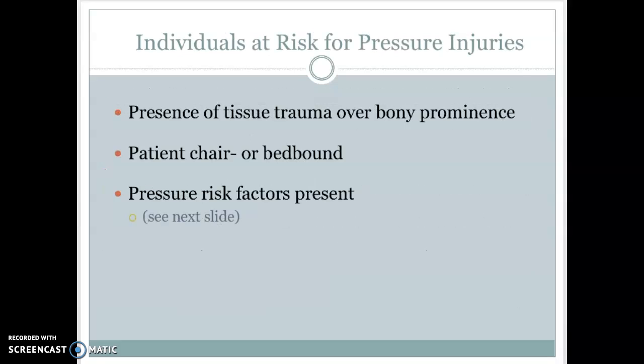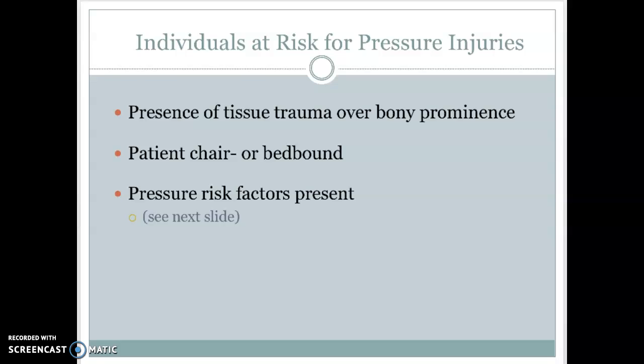So these are some examples of people who are at risk for pressure injuries. If someone already has some violation to the tissue over a bony prominence, as we said, one of the risk factors for a pressure injury is a previous pressure injury in an area, but it also could be after a fall.